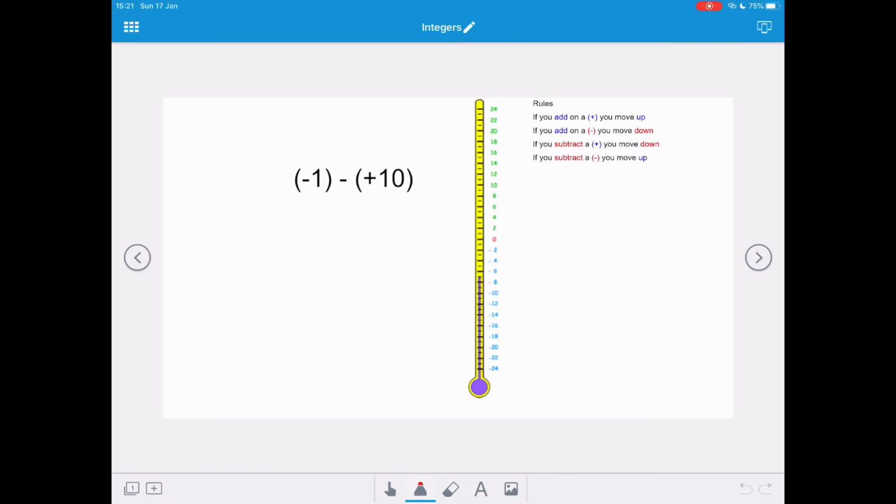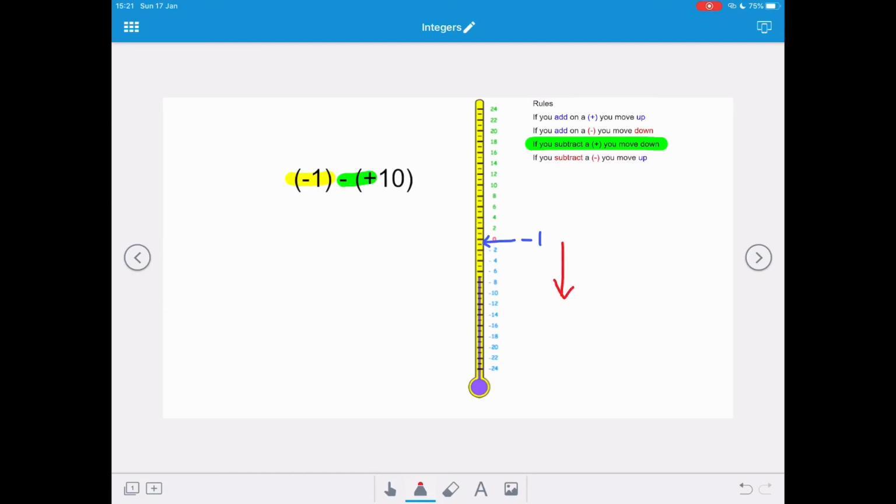Now we want to do -1 take away +10. Our start position is -1, so you can see that that's between 0 and -2 on our number line. And we want to subtract +10. That means that we're subtracting a positive number, and if we're subtracting a positive number, we're going to move down the number line.